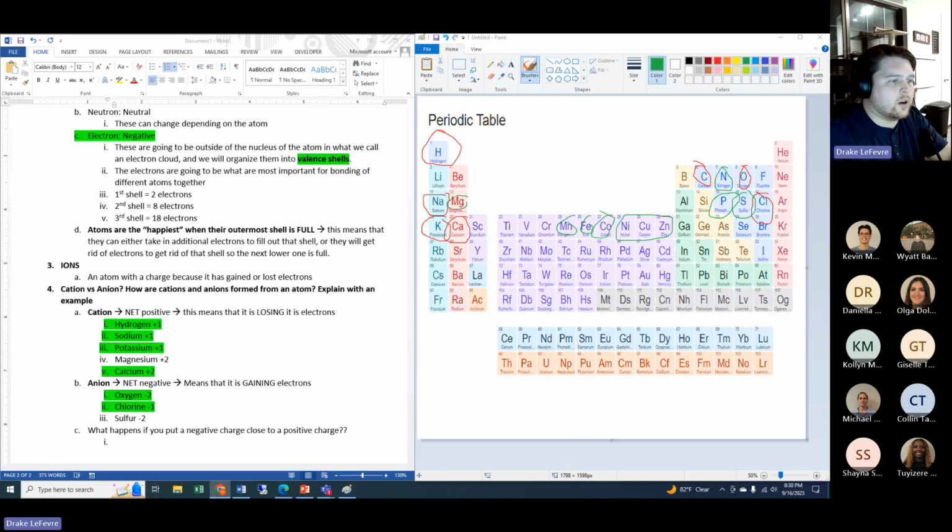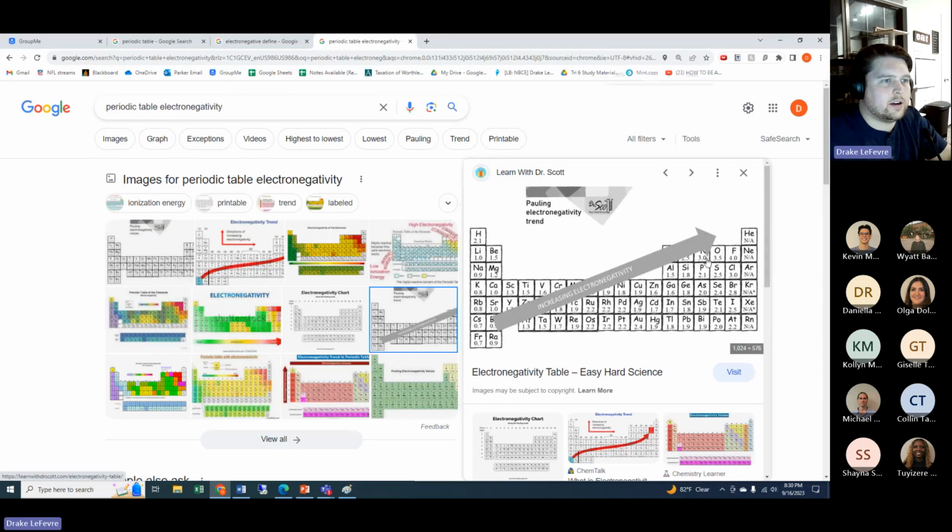Has anybody heard that word before, electronegativity? Would it be oxygen because it's closer to the upper right corner? The ones closer to the upper right corner are the more electronegative? Perfect, exactly. So on the periodic table, let me pull up a good picture, just like you said right here.